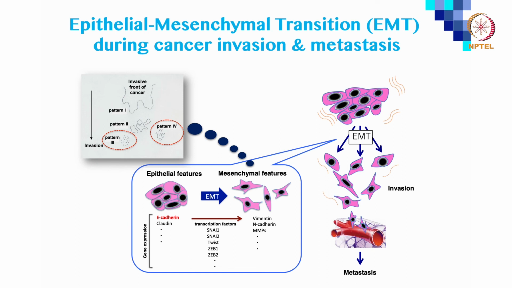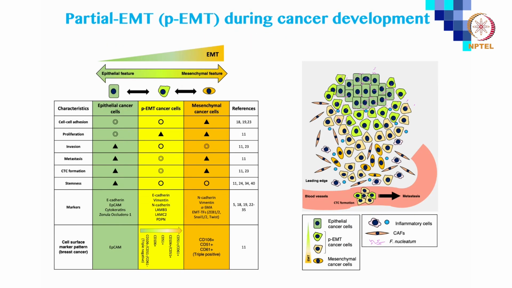In this transition, transcription factors such as SNAIL1, SNAIL2, TWIST, ZEB1, and ZEB2 are involved. Recent evidence reveals that the intermediate state of the EMT process, partial EMT, shows a more aggressive phenotype than the complete EMT phenotype.